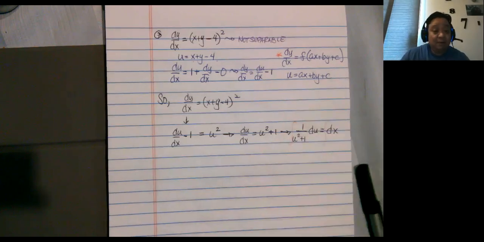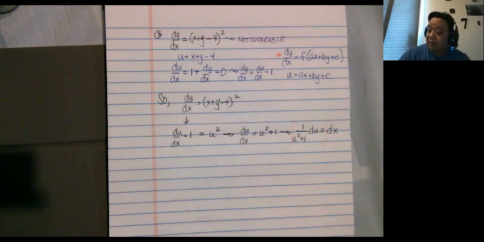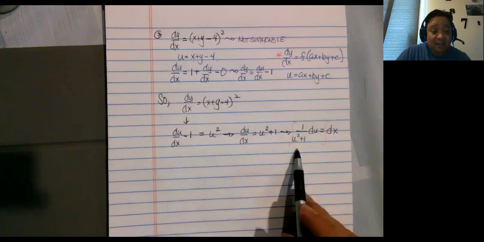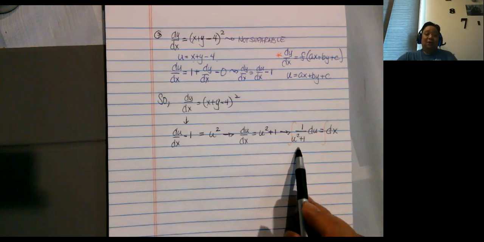If you integrate both sides, what's the left side? What's the integral of 1 over u squared plus 1?